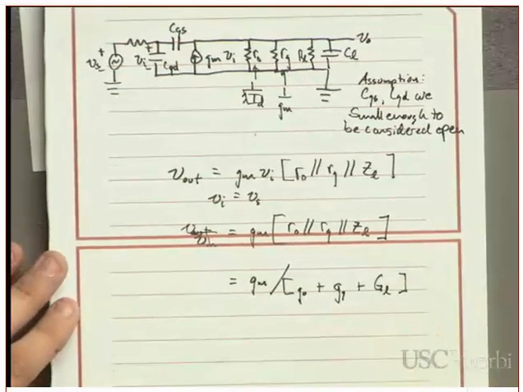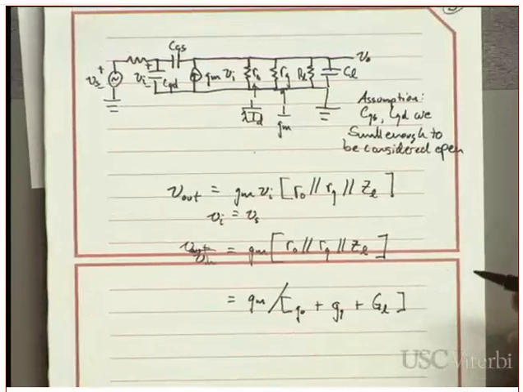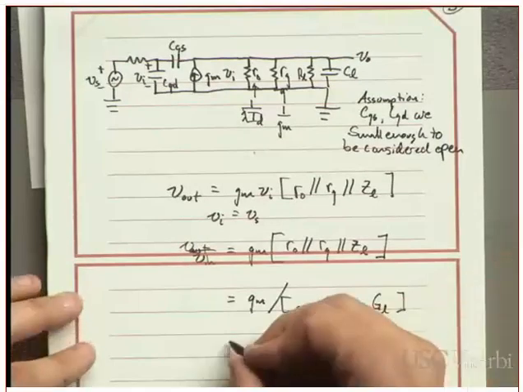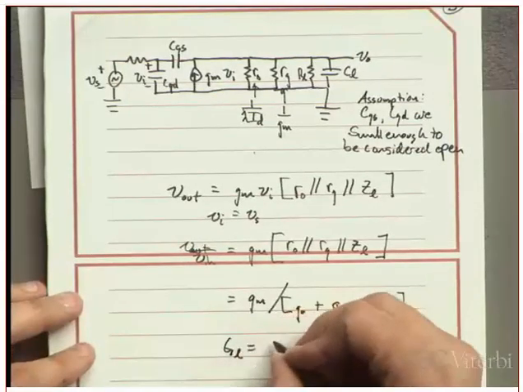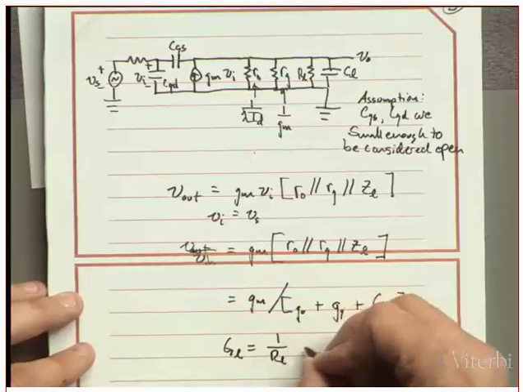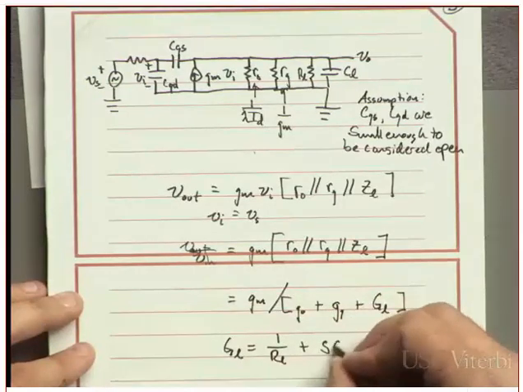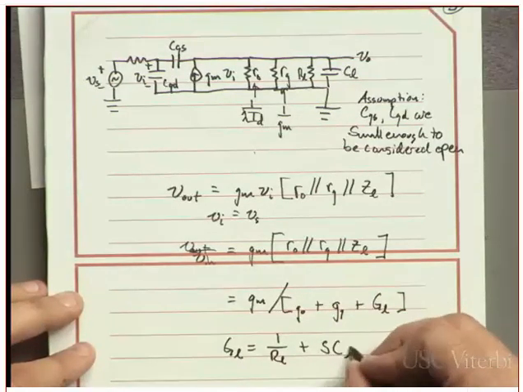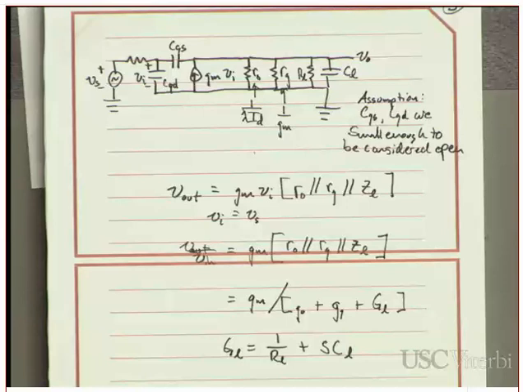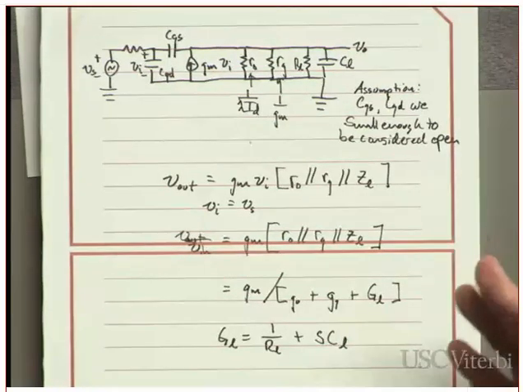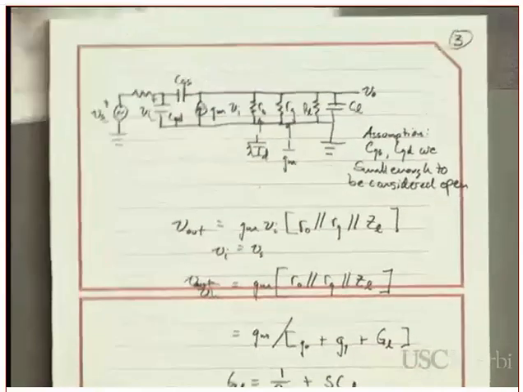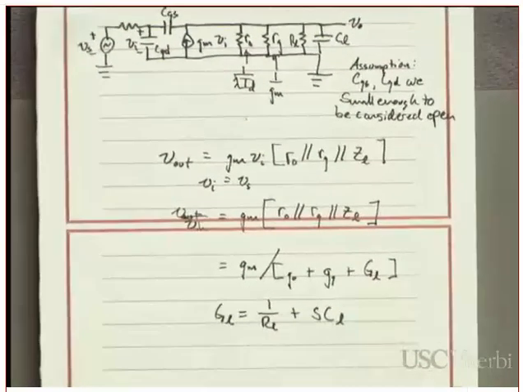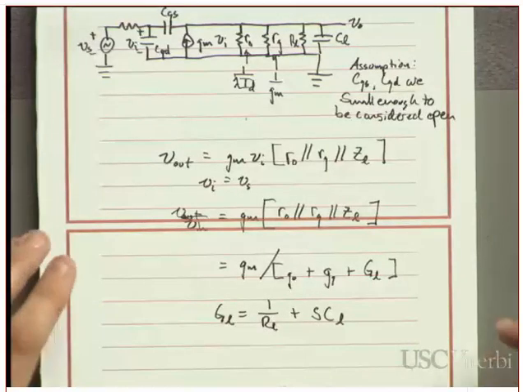Now the load conductance is basically, I'll do it in s terms, but it's basically that. So it's just the sum of those two, and then if you invert that, you will get the standard impedance that you would expect to see from the load.